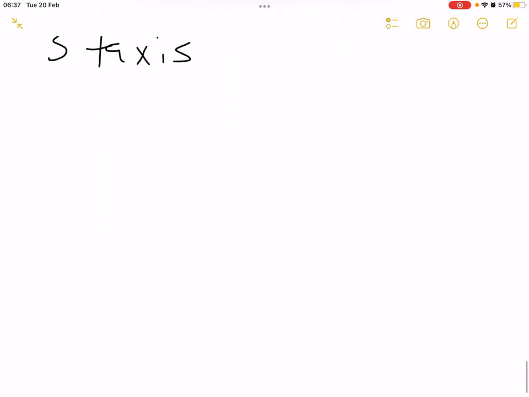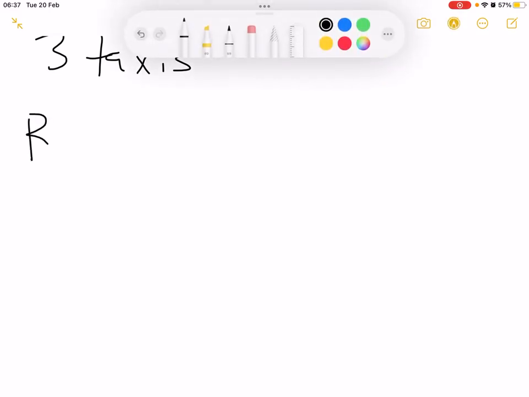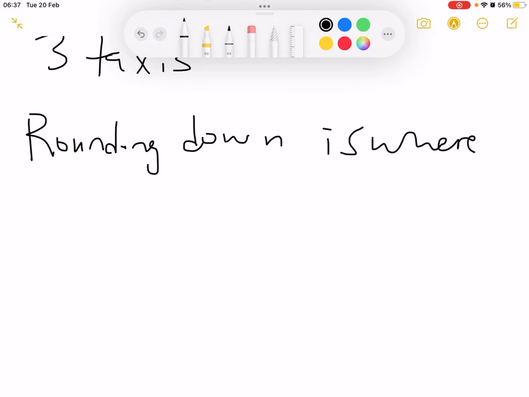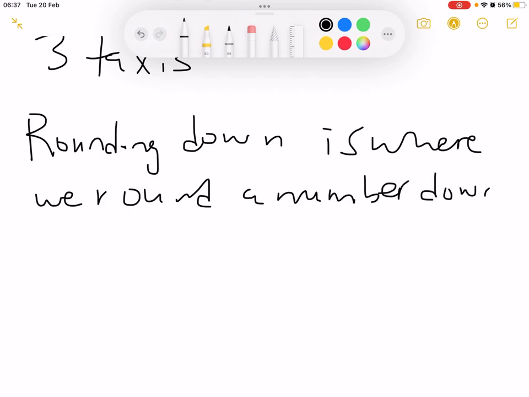Let's quickly have a look at rounding down. Rounding down is where we round the number down because we cannot have leftovers.